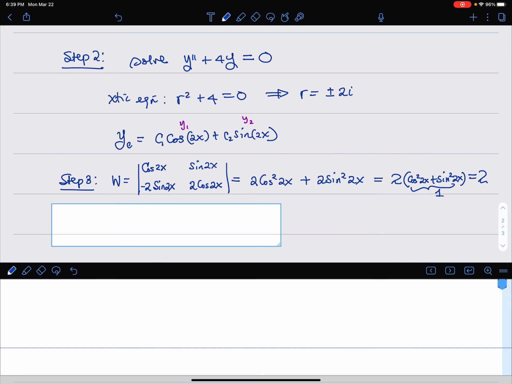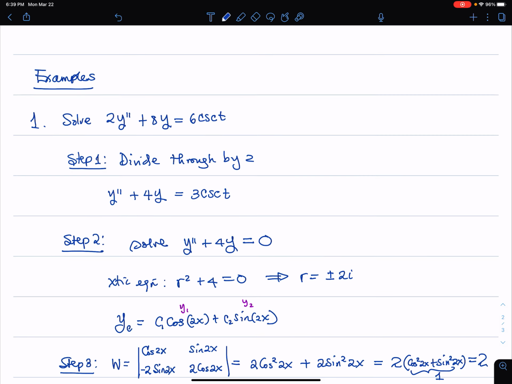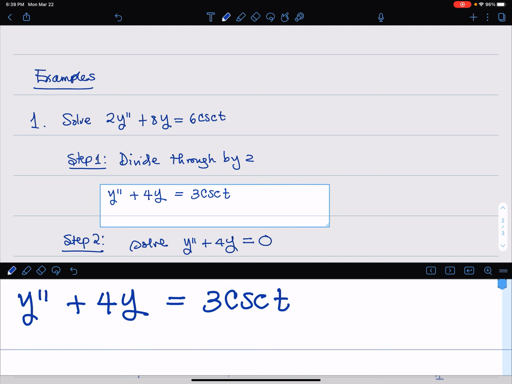So we need W1 and we need W2. W1 is, we go to our Wronskian, in the first column we put 0 in the first entry, and then in the second entry we put our g of x, or what we call our f of x here.